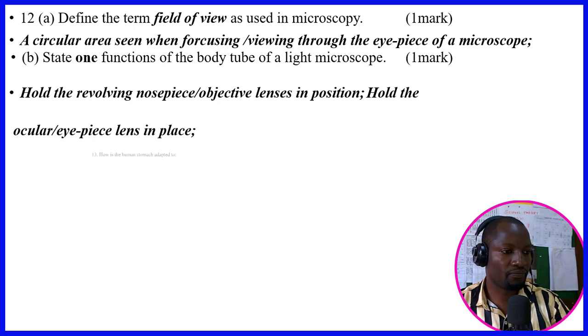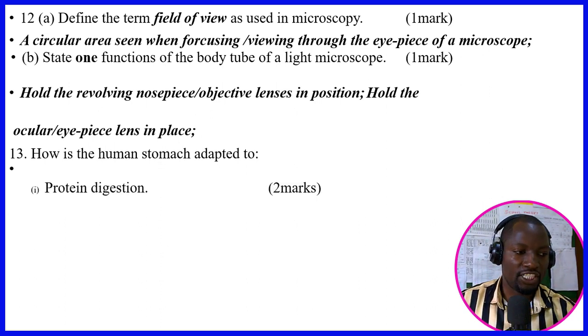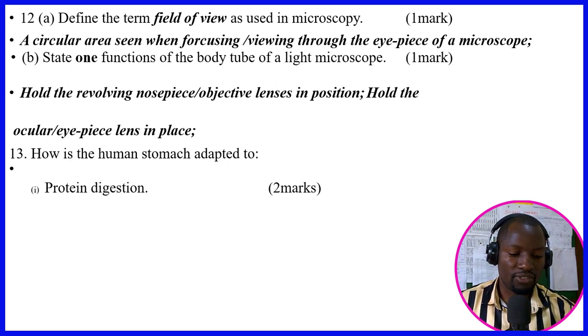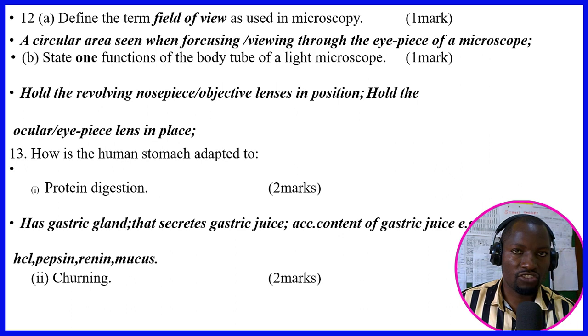How is the human stomach adapted to protein digestion? It has gastric glands that secrete gastric juice. We also accept the contents of the gastric juice, for example HCl, pepsin, renin, and mucus.